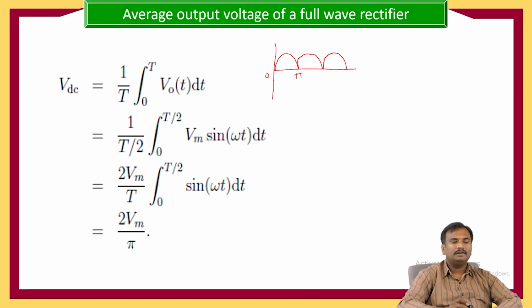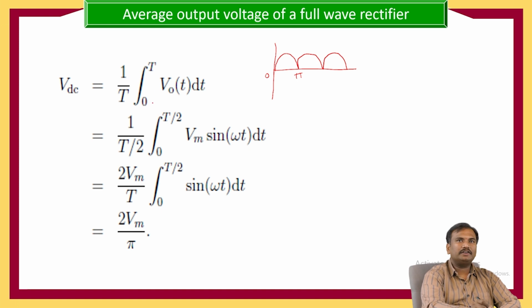So here, 1 by T integration 0 to T of v naught of t dt. Here 1 by T by 2 integration 0 to T by 2 Vm sin omega t, if we substitute the limits. So here 2 Vm by T into integration 0 to T by 2 of sin omega t. Integration of sine is minus cos omega t.